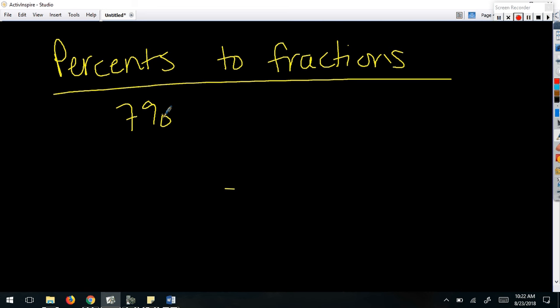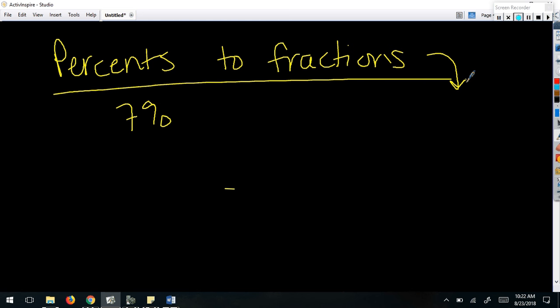7% over 1? Let me just tell you and then we'll practice with them, okay? So 7%, how much is a whole? If a percent is a part of a whole, how much is the whole? 100%.